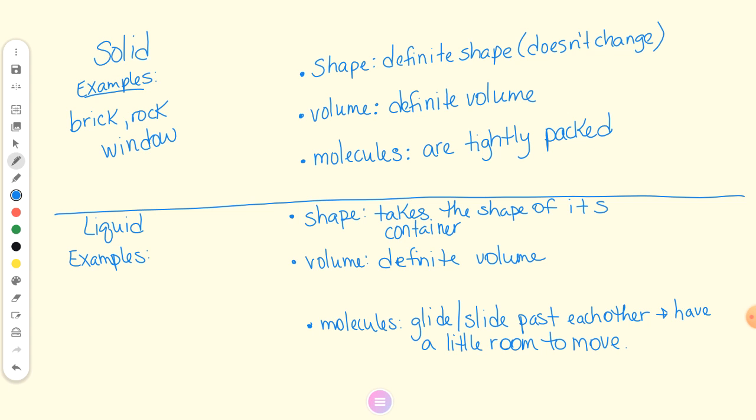So solids, they don't move. They just kind of vibrate in place because they're so tightly packed. They don't have anywhere to go. They cannot move. But liquids have a little bit of room to move. That's why they can glide past each other.